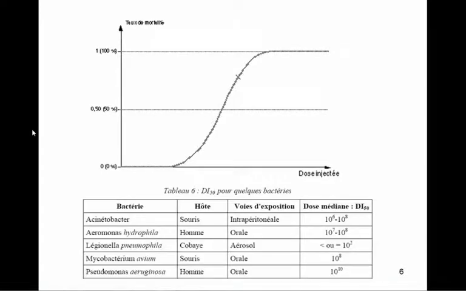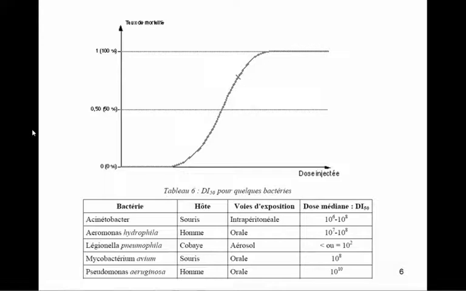So here are some examples of ID50s for different bacteria. On this kind of curve, the higher the ID50, the less infectious it is because you need a higher dose to cause symptoms. The higher the LD50, the less pathogenic the bacterium is because you need to inject more to kill the experimental animal.